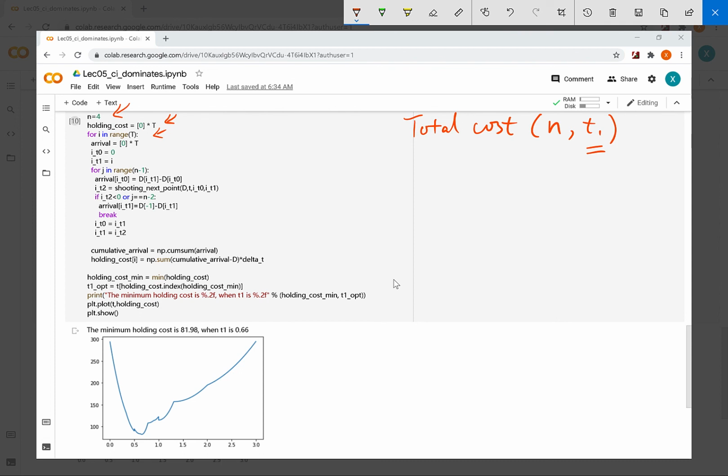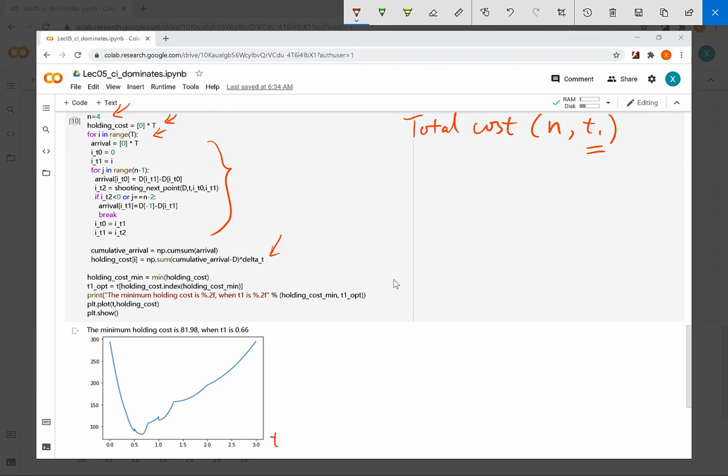And then we enumerate all possible t1 from 0 to 3. And within this algorithm, that's our shooting method. After this shooting method, given the maximum number of shipments, we can calculate this holding cost. And then we plot out this holding cost with respect to the selection of T1.